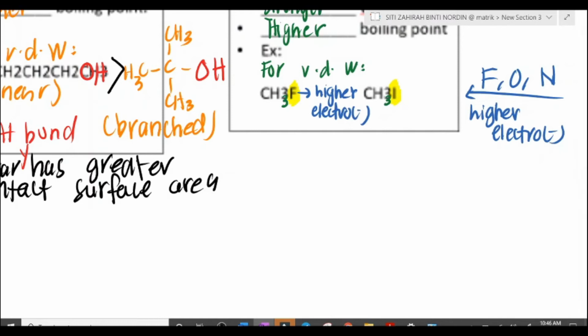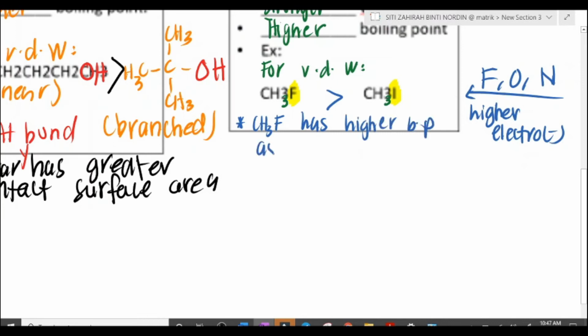So CH3F will have a higher boiling point than CH3I. Make a sentence on it: CH3F has higher boiling point as F is more electronegative than iodine.